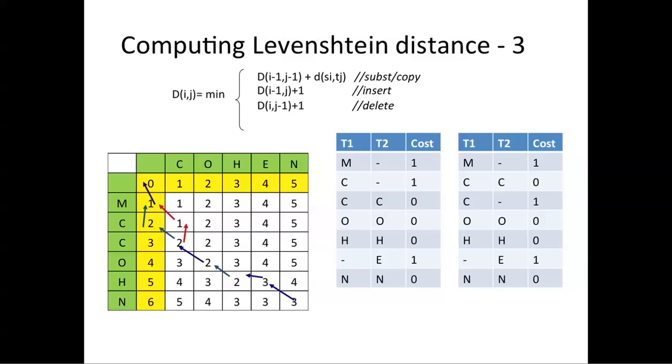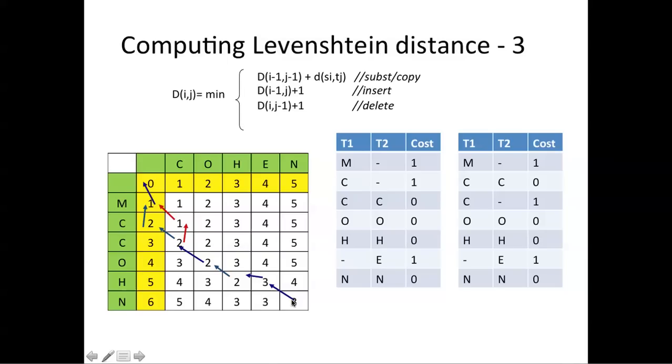Now, once we create the matrix, we can also backtrack the numbers and obtain in this way the mapping.